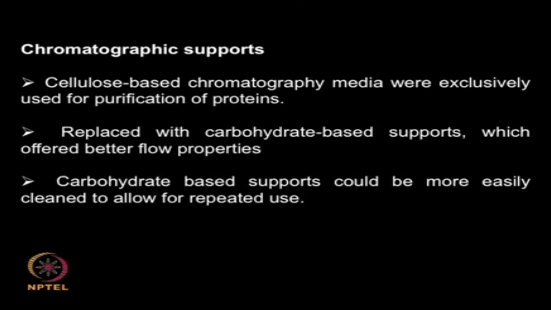What are the supports the stationary phase is going to have, or the fixed phase? Originally they used to have cellulose based media for purification of proteins. Later on they moved into carbohydrate based supports because it offered better flow properties, because it can be cleaned properly after repeated use, because you want to reuse many thousands of hours.